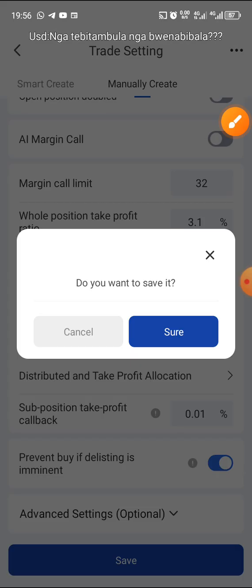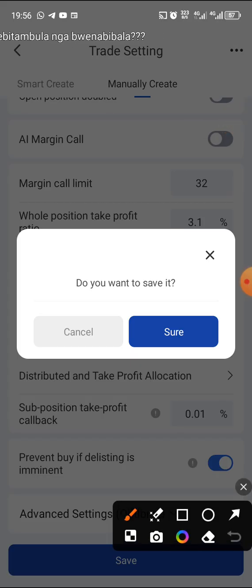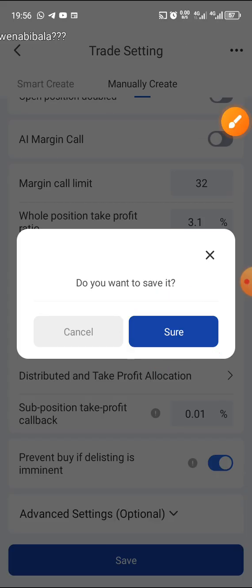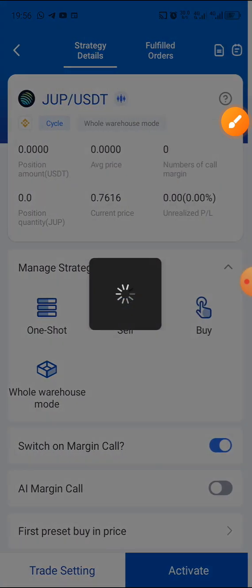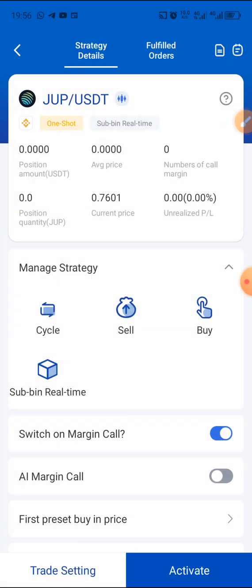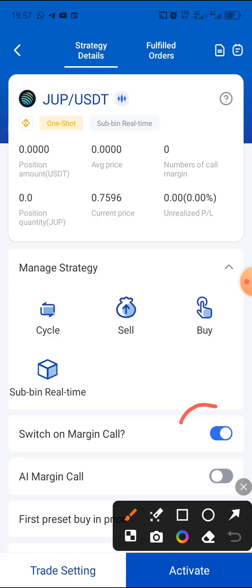You click on save. After, click sure. Now your strategy has been put into the coin. All you have to do is make sure the margin call button is on so that your robot can buy your margin calls.